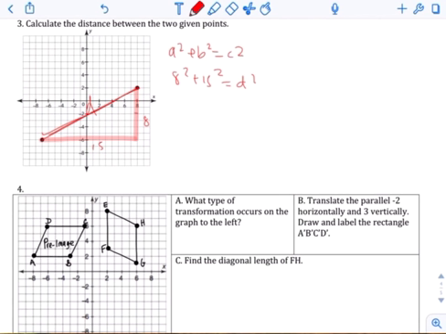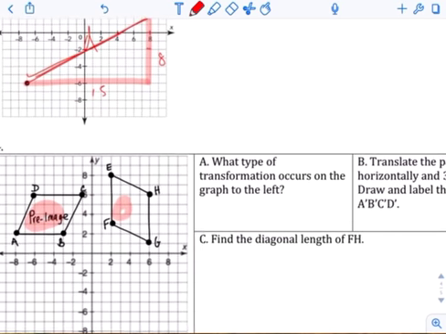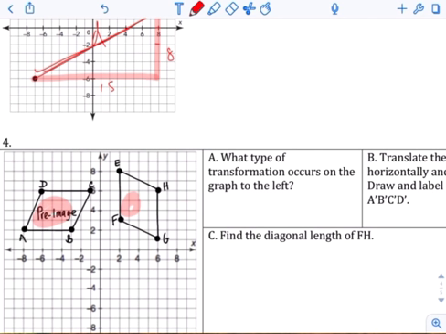Okay, what type of transformation occurred? This is the pre-image right here. To get from there to here, it's called a, let me check. C is -1, 6. This is 6, 1. It switches 90 degrees clockwise.